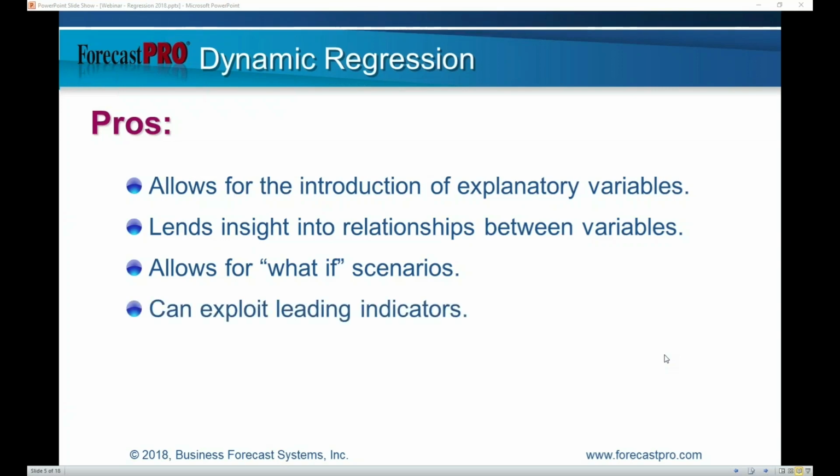Dynamic regression can also exploit what's called leading indicators. Now we're going to talk a bit about variables and different types of variables, but one of the key things about using variables in regression is the question of when does the impact occur? And we tend to think in terms of what you could call concurrent relationships.